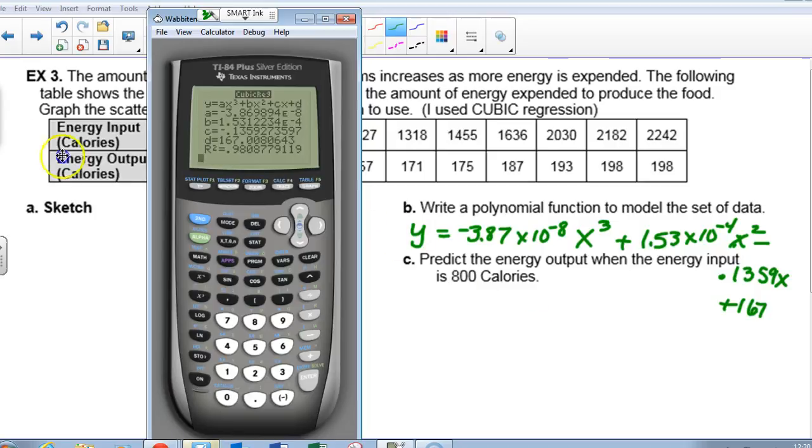All right. I just wanted to show you the power one just so you could see the difference. So I'm going to go ahead and do that in Y2. You don't have to. Well, like I said, there's not very many of these on the homework.